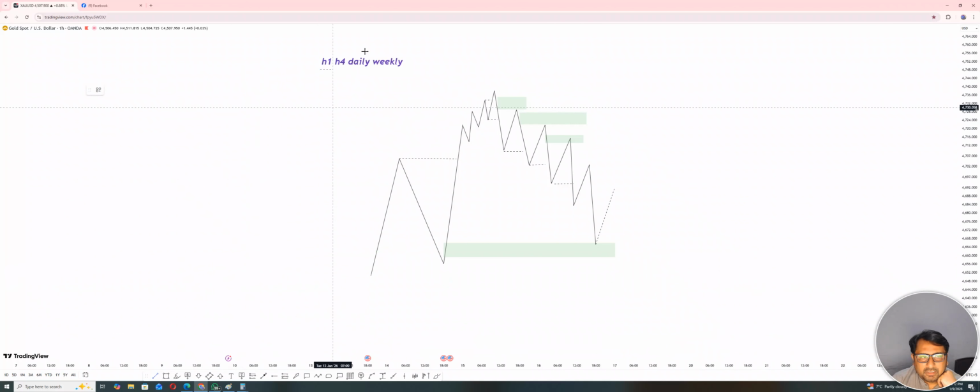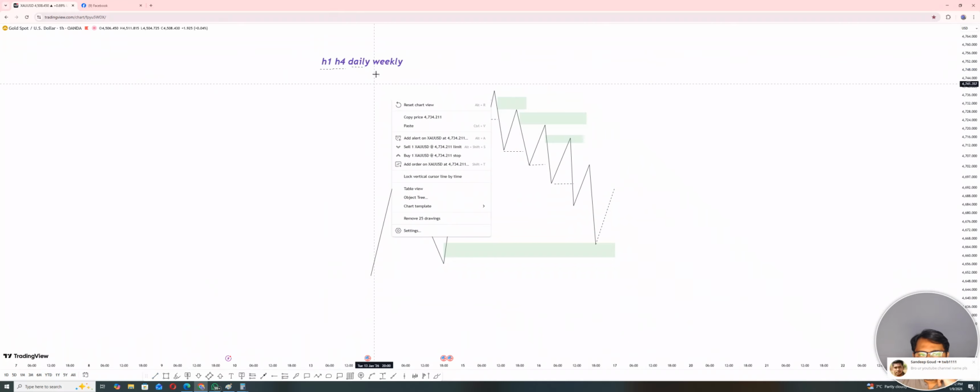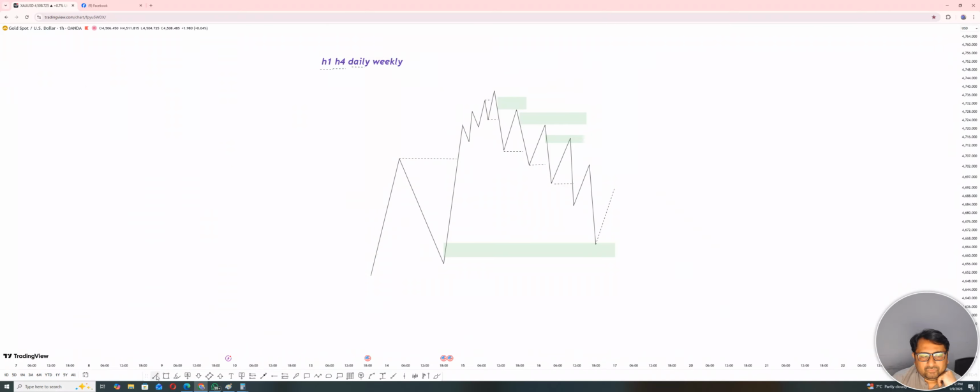If you have an H4 breakout structure, you do not need to see H1, M30, or any time frame below H4. If we have a daily breakout structure, then you will leave the H4 and H1 time frames. If we have a weekly time frame, it means we do not need to see any H1, H4, or daily time frame, anything.